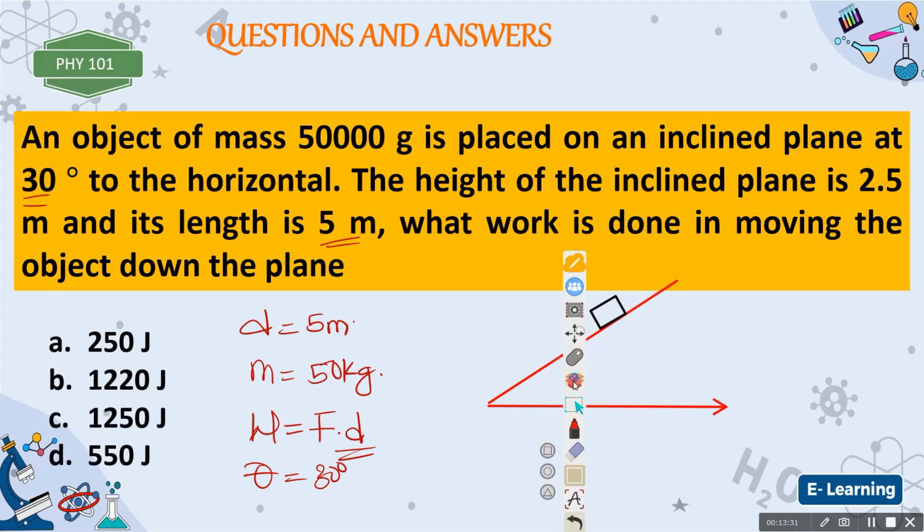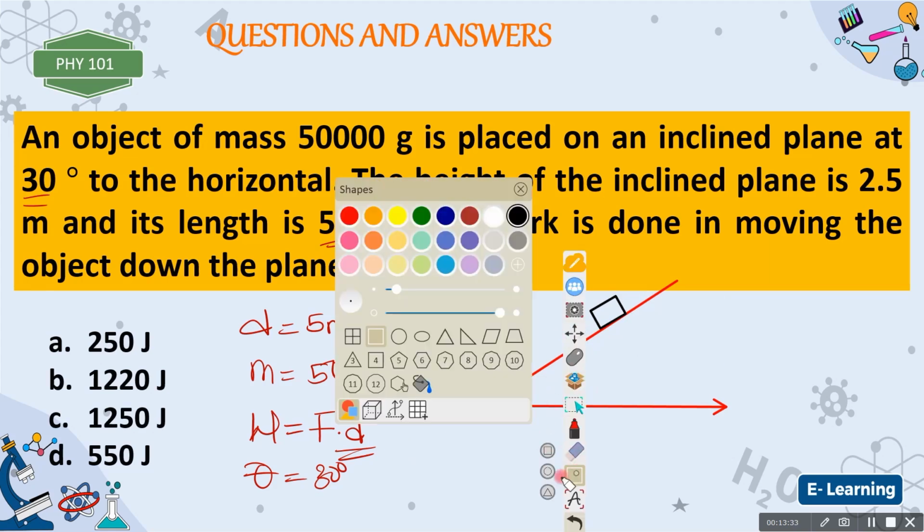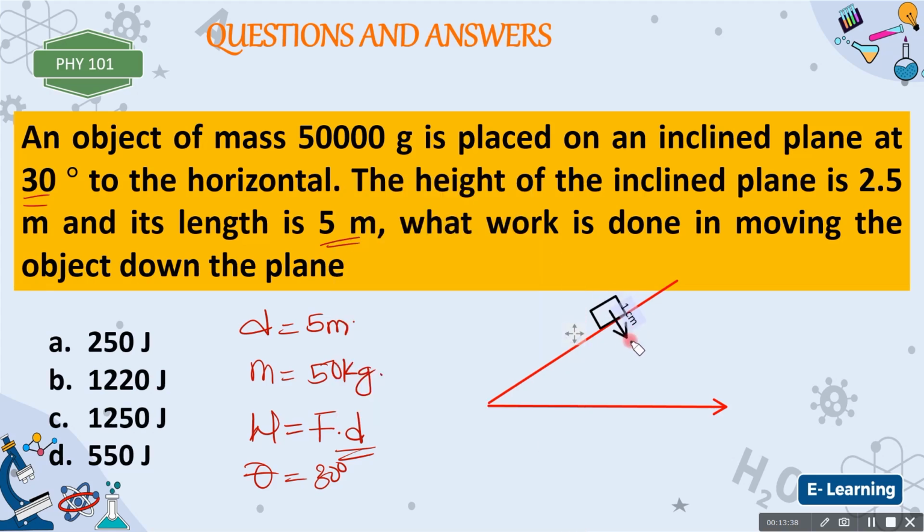Now, I told you that there are forces acting. One is the weight acting downward, and then there's another component that tends to drag this thing up or drag it down. They are equal and opposite. And then there's another force that acts downward this way.